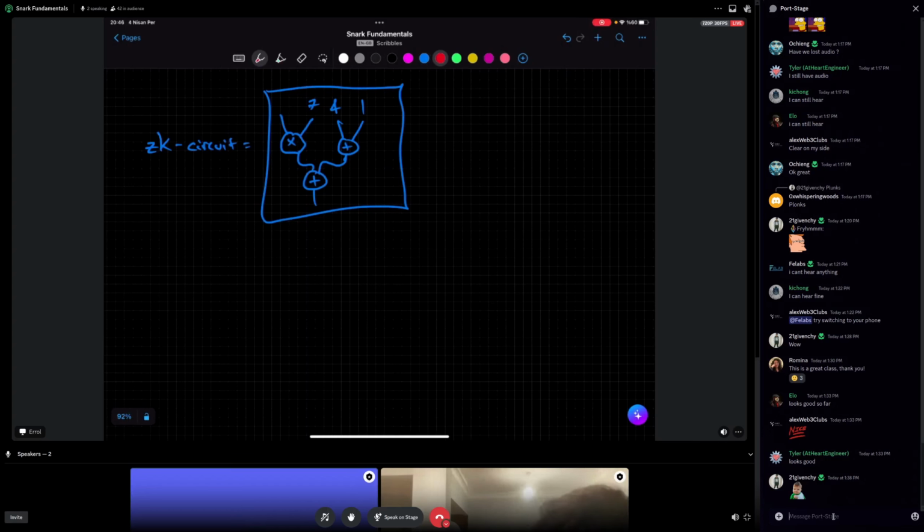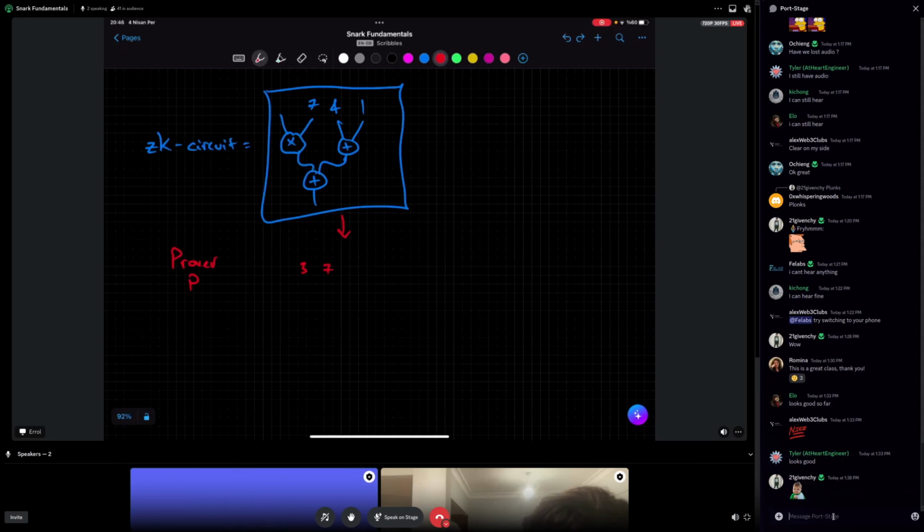The prover, we usually just shorthand this as a big capital P. The prover takes this circuit and it fills out with its values. 3, 7, 4, 1.